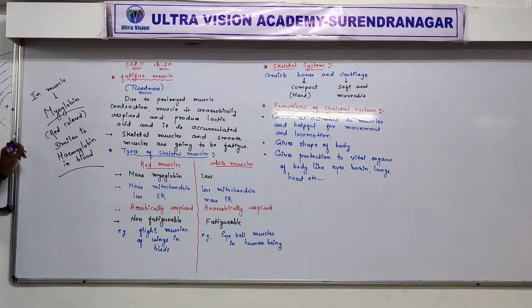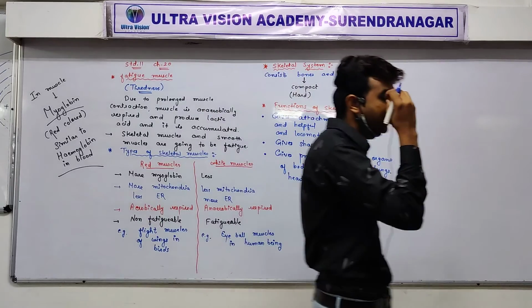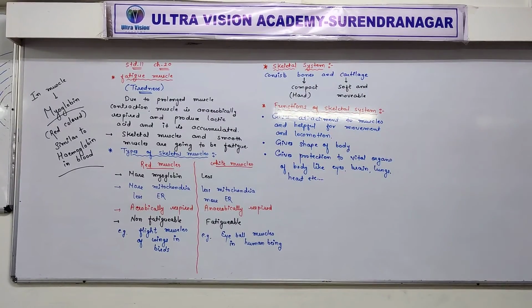It gives protection to the vital organs of the body, like eyes. Eyes are present here in the optic cavity, that is known as the orbit. Here in the skull, we have a particular site for attachment of the eyes.